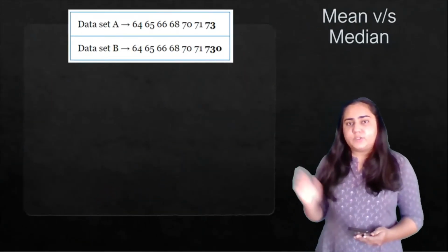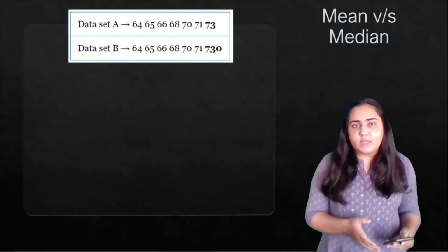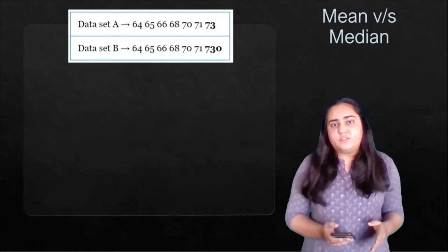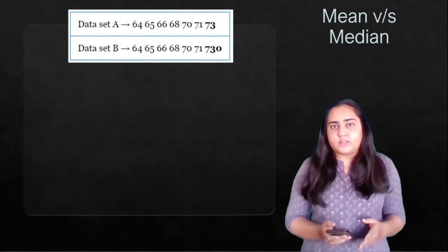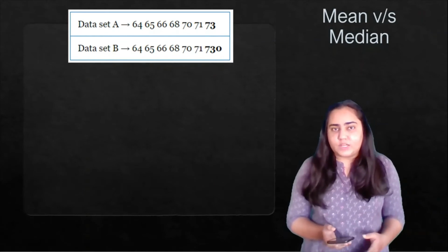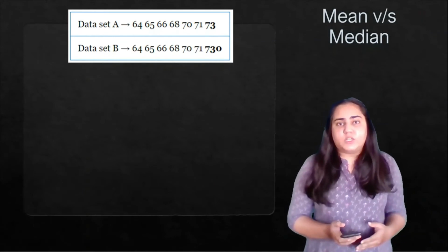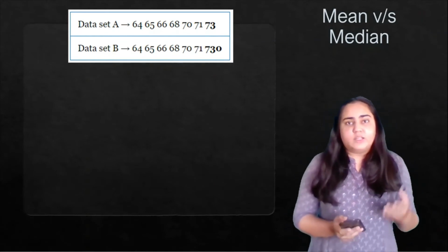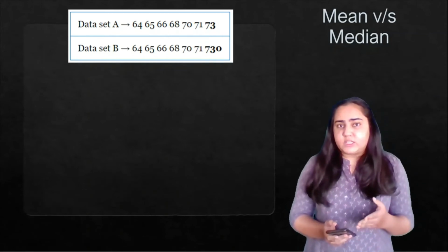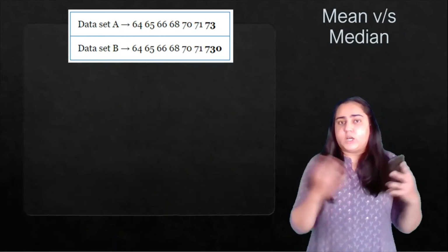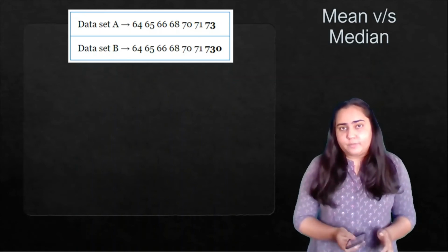So consider these two data sets. Data set A contains 64, 65, 66, 68, 70, 71, and 73. Data set B contains 64, 65, 66, 68, 70, 71, and a really large value, 730.